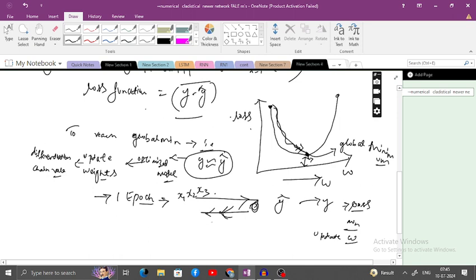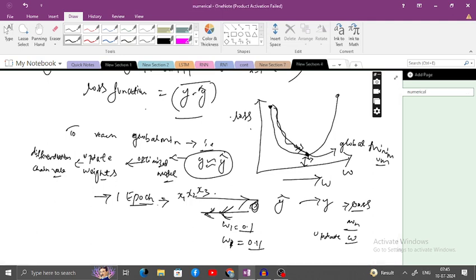For example, earlier W1 was 0.1. Now the new weight of W1 after updating is, let us assume, 0.11. Earlier it was x1 into 0.1, now it is x1 into 0.11. That full cycle, forward propagation and backward propagation together, we call one epoch.